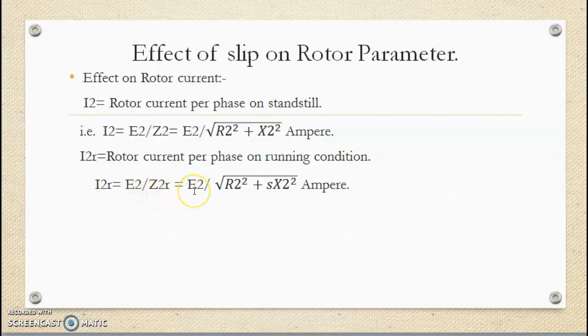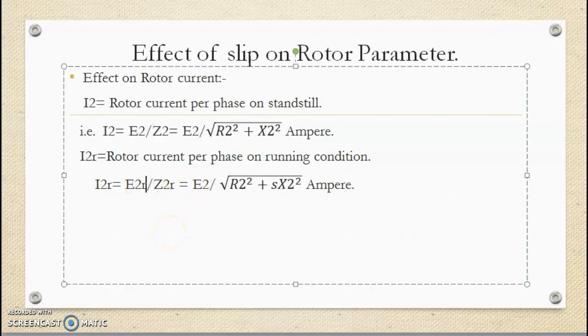So E2R is sE2, and the magnitude of Z2R is the square root of R2 squared plus (sX2) squared. So these are the effects on rotor parameters.